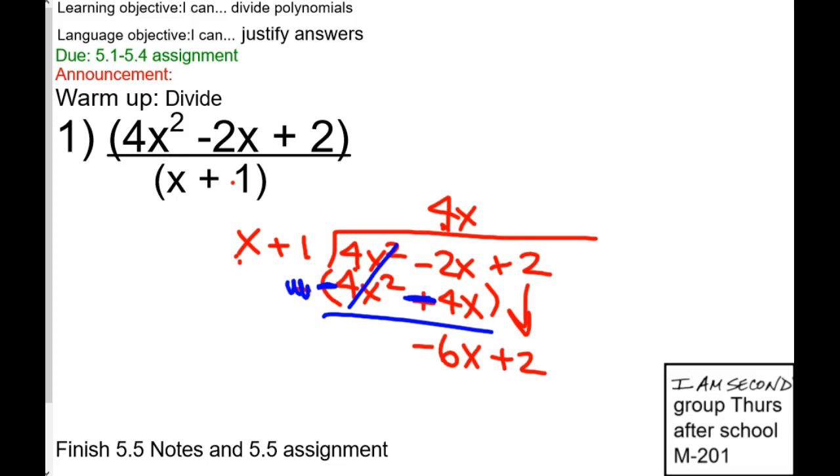Our first term, follow along. First term divided by the first term. So what's negative 6x divided by just x? So negative 6x divided by x takes away the x, and we have negative 6, right? So minus 6 over here.